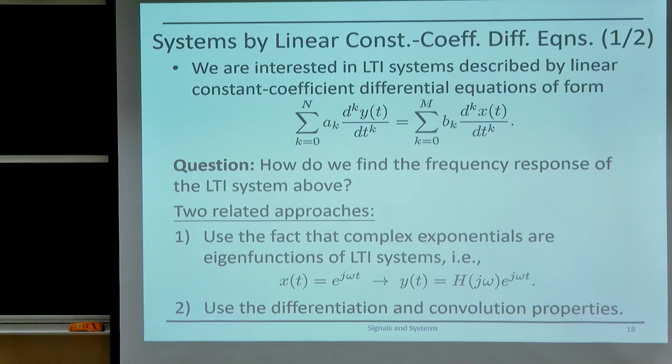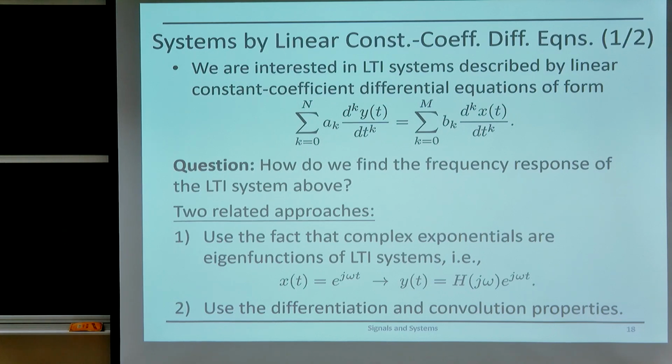In previous chapters, we didn't really talk about how to find the impulse response of this system. But with the understanding that we have now, we're very capable of finding the impulse response.